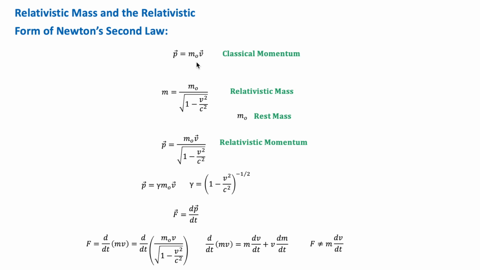For example, when describing a collision between two bodies in the frame S, momentum is conserved. Then if the velocities in the second frame S dash are calculated using Lorentz transformations and the classical definition of momentum, it was found that momentum is not conserved in S dash.